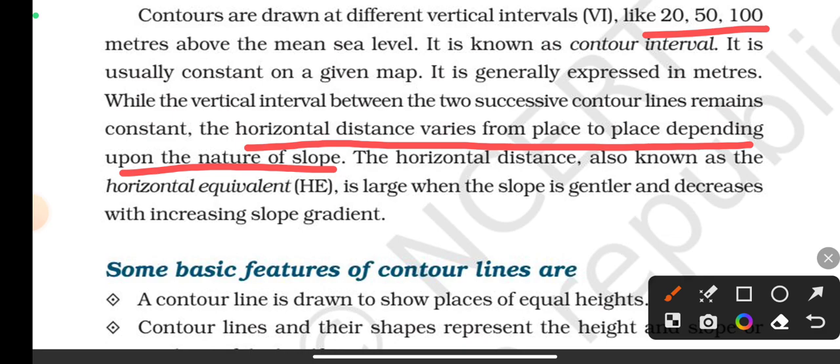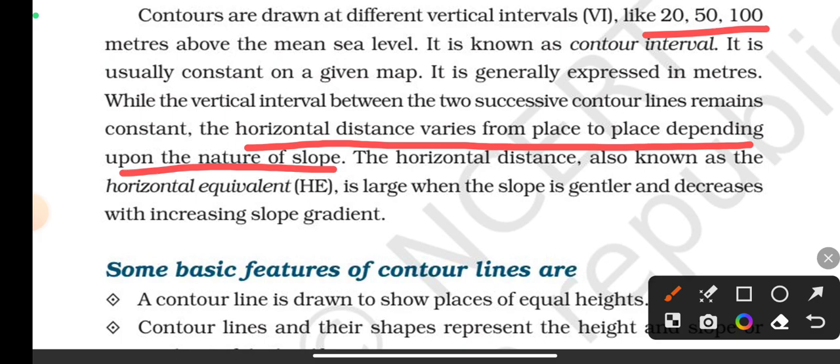If the slope is very steep, the horizontal distance between the two will be smaller. Say a mountain top: the contour at the base will be large, and the contour line at the top will be the smallest one, right?